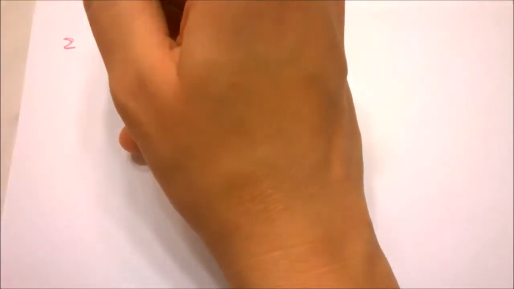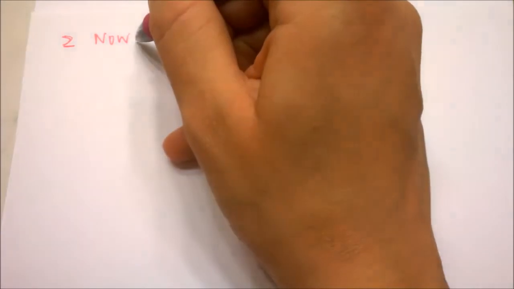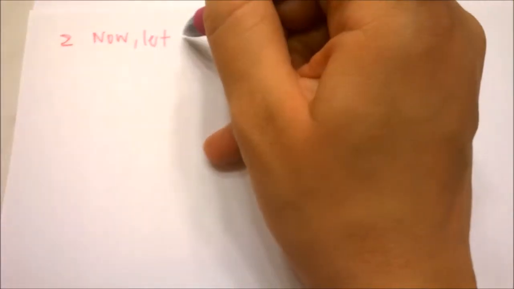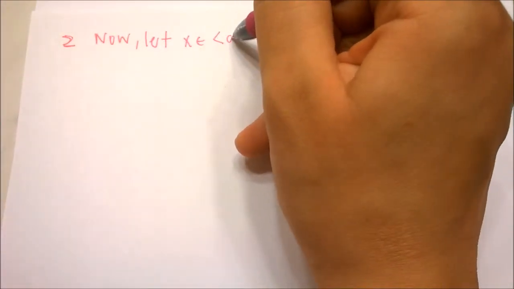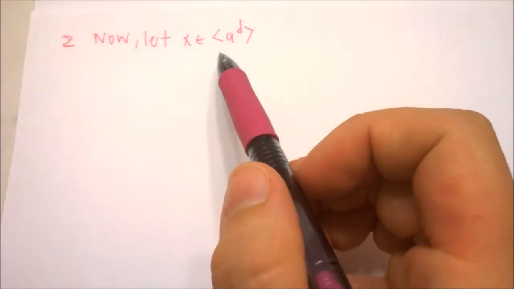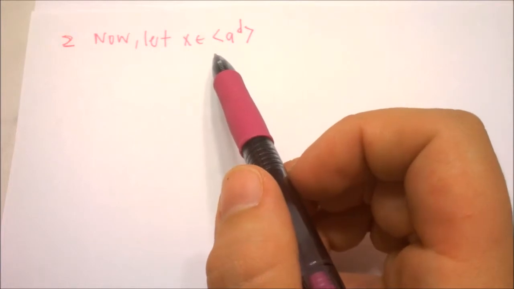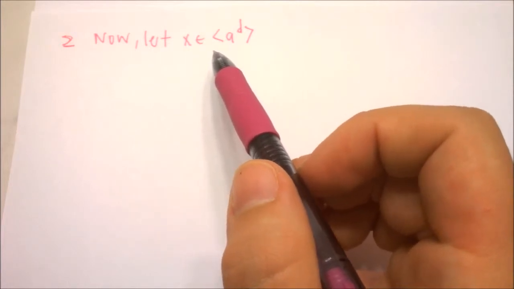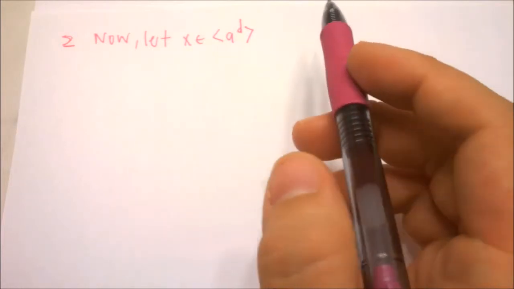So now let x be an element of a to the d. Because now we're trying to show that the group generated by a to the d is a subgroup of the group generated by a to the m.